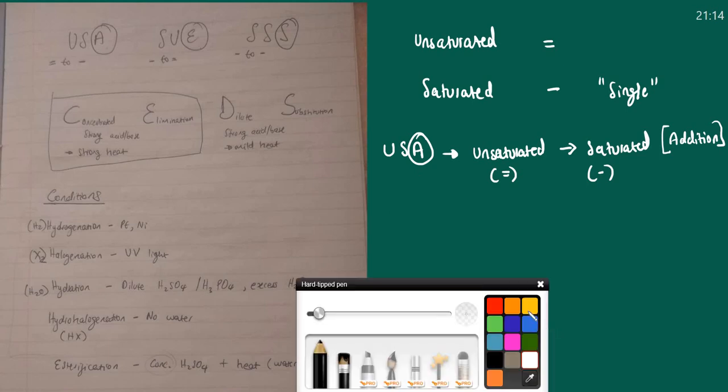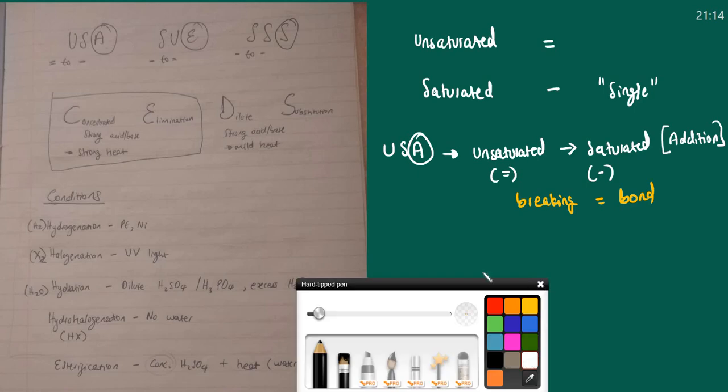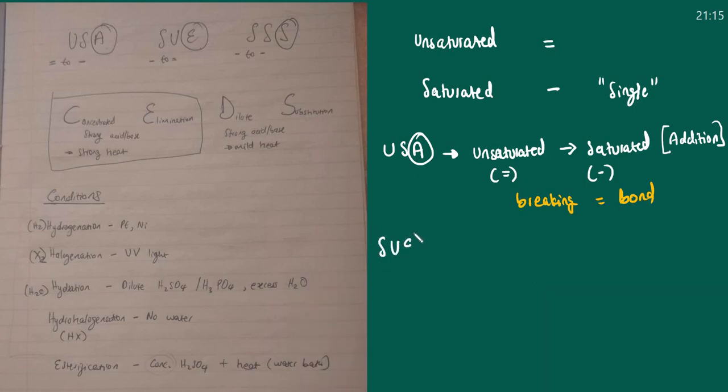So the only way this is going to be possible, good people, is if you break that double bond. You are breaking the double bond. That is the only way it is possible. And then let's remember that SU will mean that you are going from saturated, which is a single bond, to an unsaturated, which is a double bond.